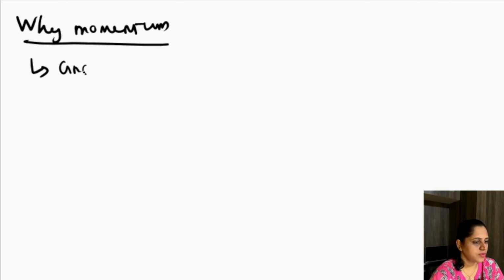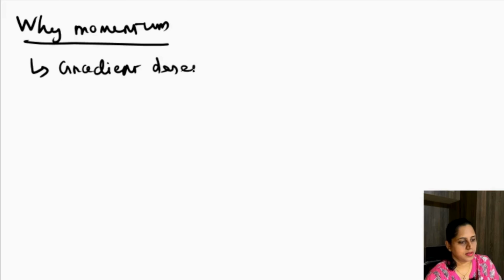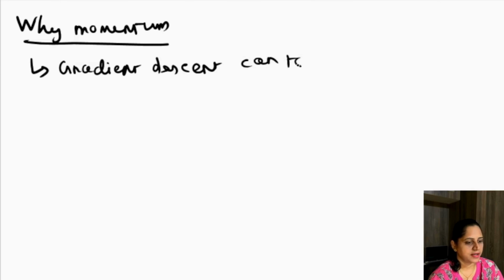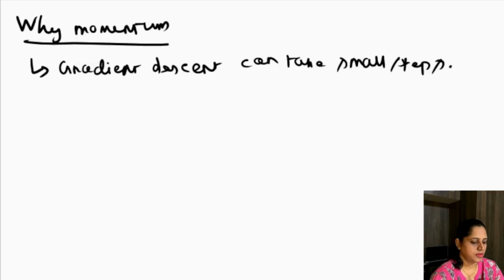So we all know gradient descent, sorry, my bad. Gradient descent can take small steps and it can get stuck in local minima. What are the different problems it has?